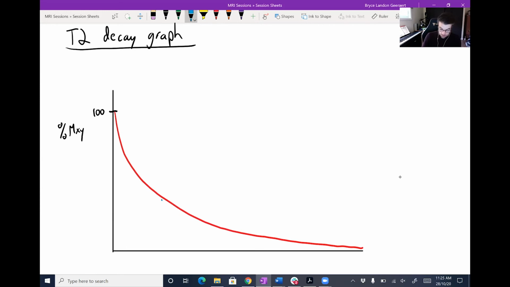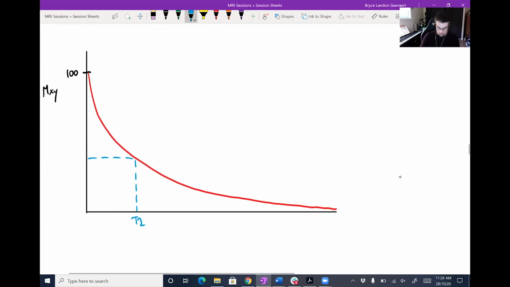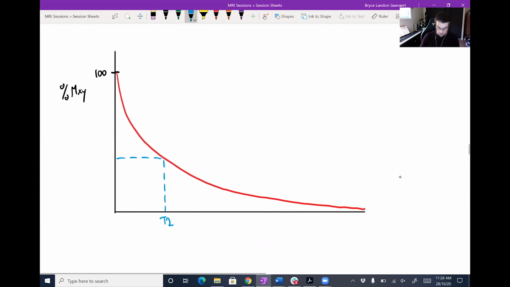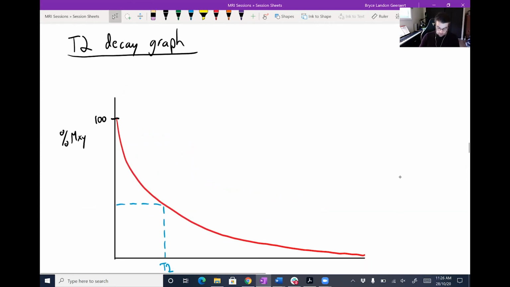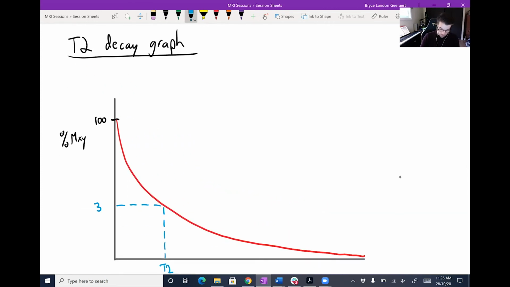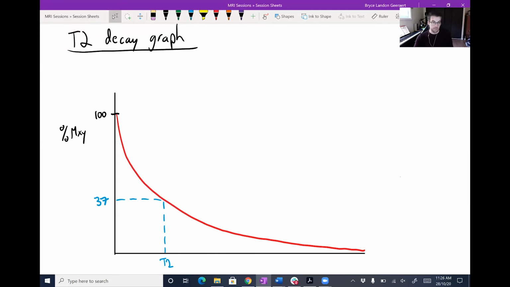Okay, so T2 is our constant when this percent of Mxy, the transverse component of our NMV, is at 37% of its maximum. Scroll up, cool. That happens quite quickly, much more quickly than T1 effects do, as we already talked about.